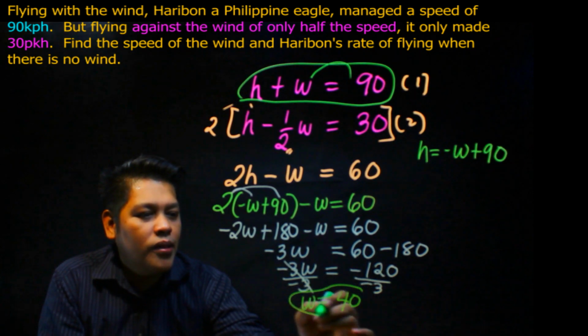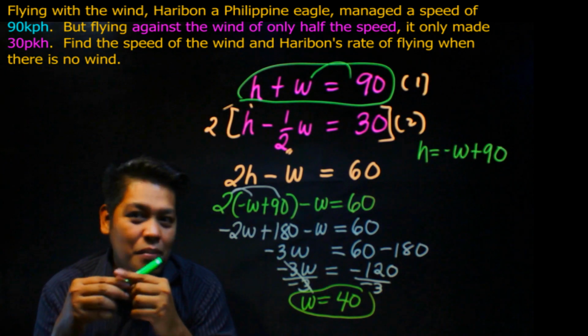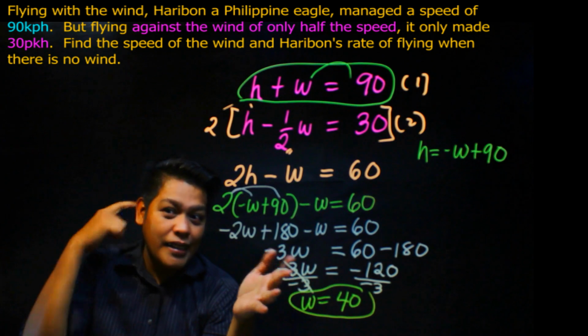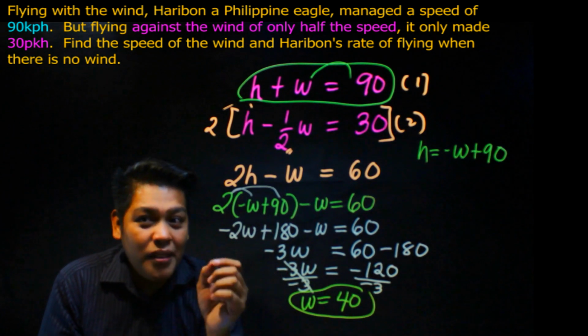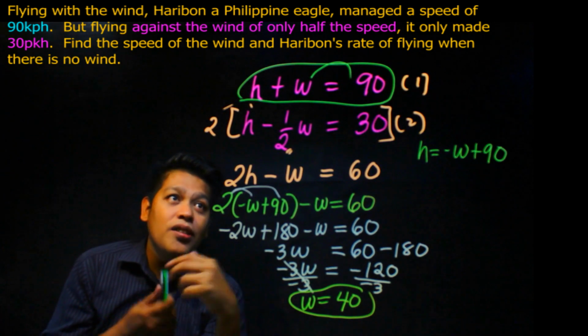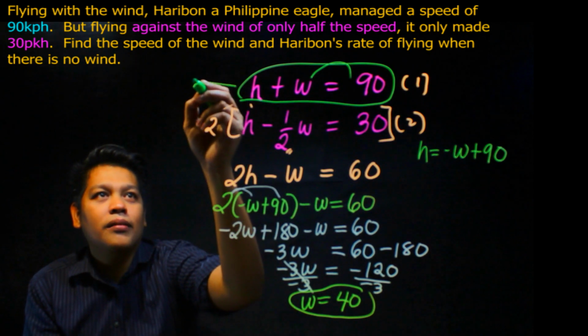So, ito yung rate ng wind, kung gaano kabilis o kalakas yung ating hangin na tumutulong sa ibon. Ngayon, ano yung rate naman ng ibon, which is the H. So, makikita natin yung H from the equation number 1.